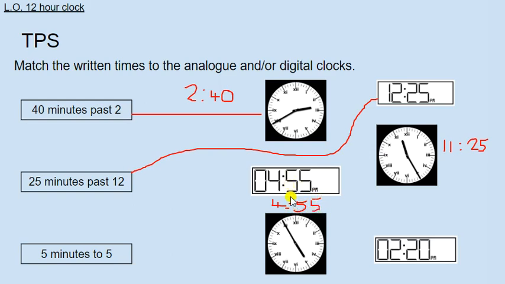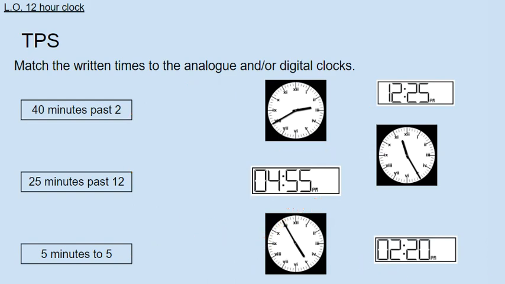That's the same as that one. How many minutes till the next hour? It's just 5 minutes to the next hour. 5 to 5, Mr. Dooley. It's the same. That was, by the way, on purpose, before you think I've made a mistake, like usual.